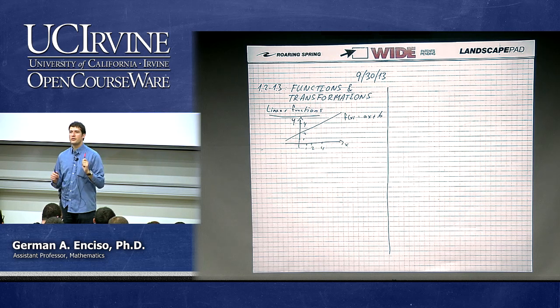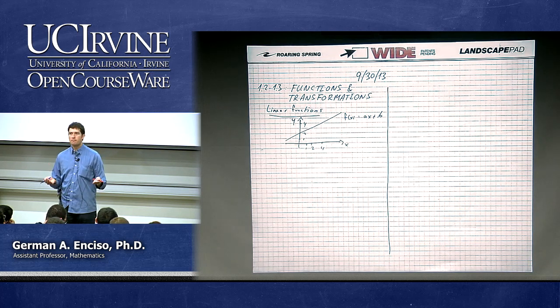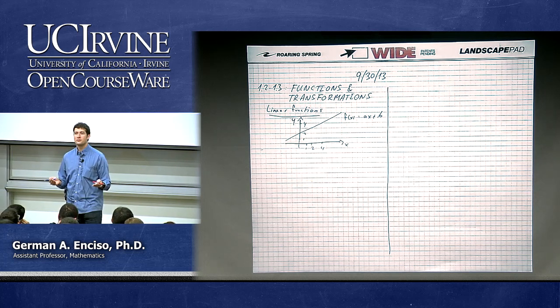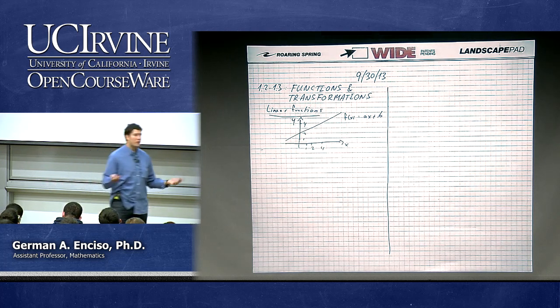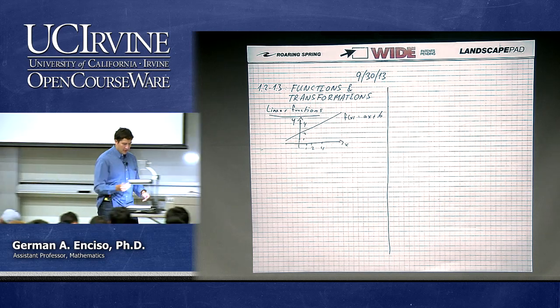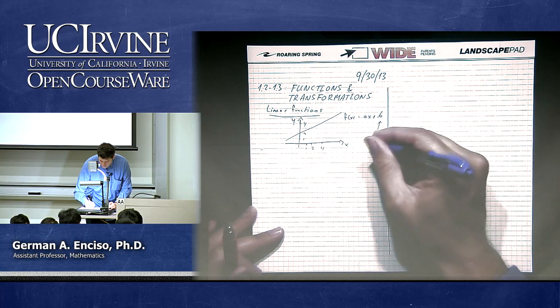The equation tells you what f of x is for any x. So for example, if you plug x equal to 0, then f of x should be b. A times 0 plus b, that's b, right? And you can see in the graph that that value, f of 0, is what? Is 2, right? So there you go. So b is 2. In general, b is always the y-intercept.